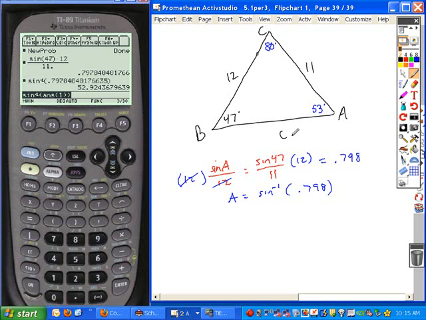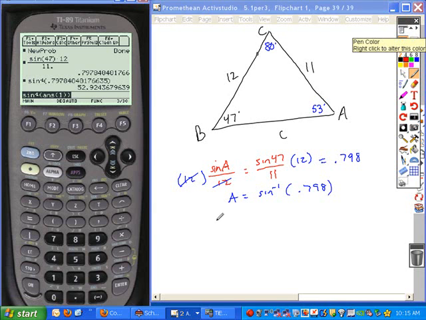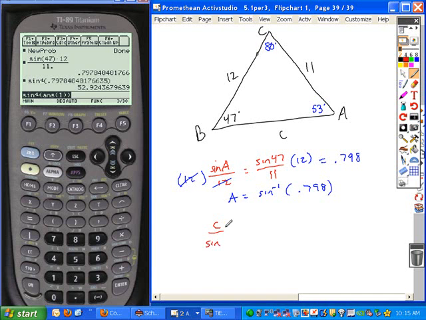This time we can set up our ratio C over the sine of 80. And now here's where you want to be careful. When you're calculating, I want you to use the exact answers.